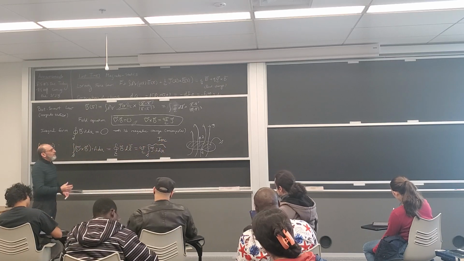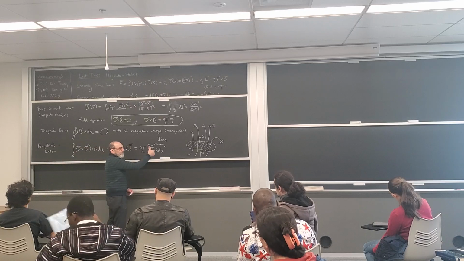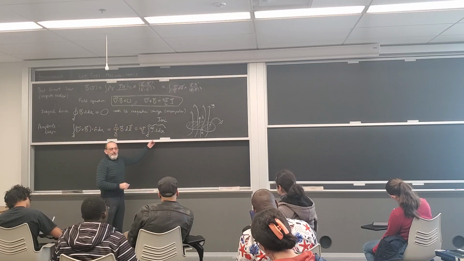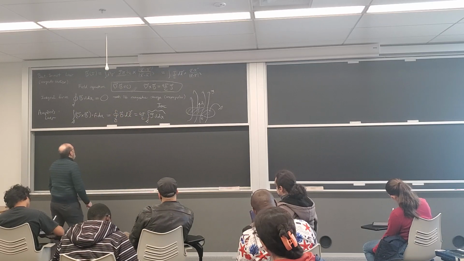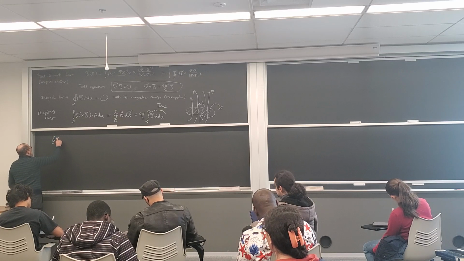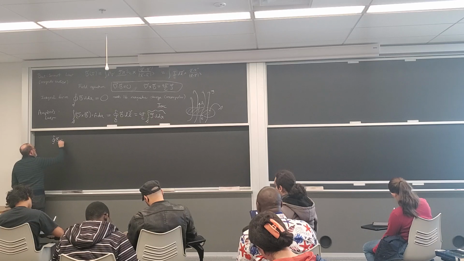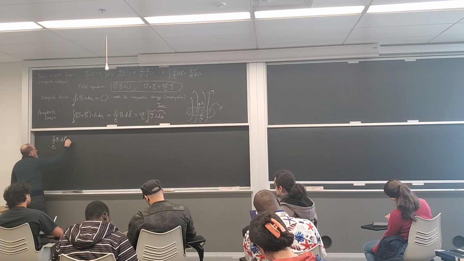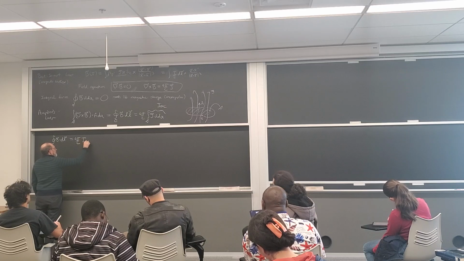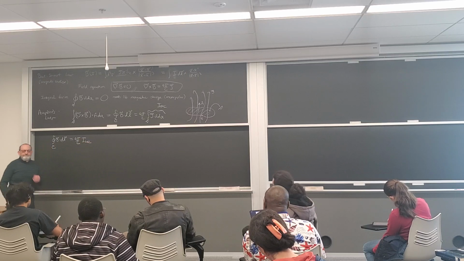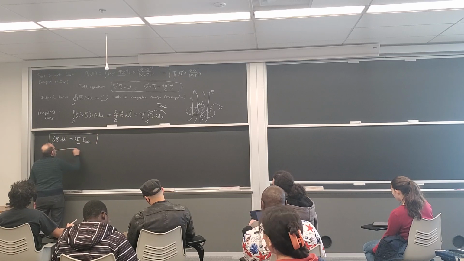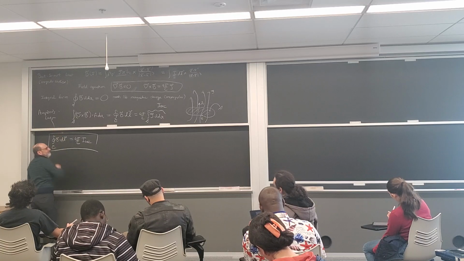The current enclosed is the flux of the current density through the potato chip. Of course, something we all know and have used since freshman physics, that the circulation integral of the magnetic field is 4 pi over c, also known as mu naught, times that. Okay? So that's Ampere's law in integral form.